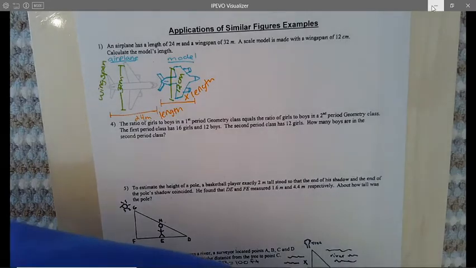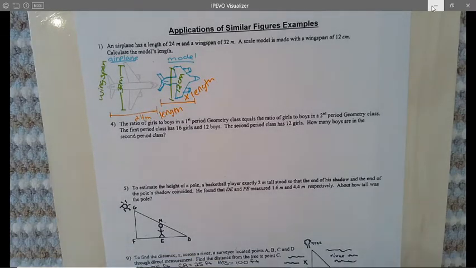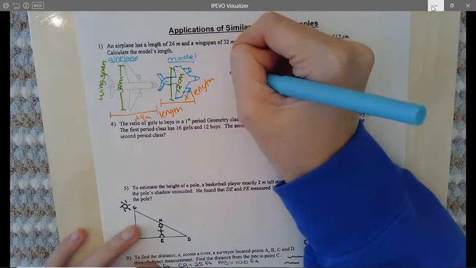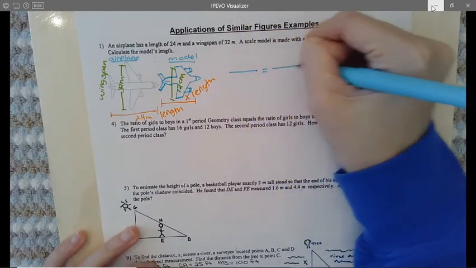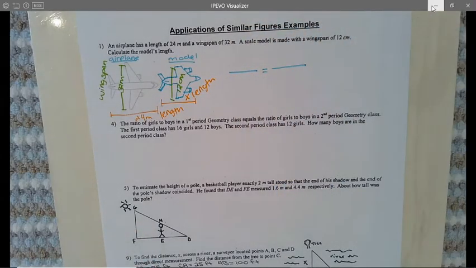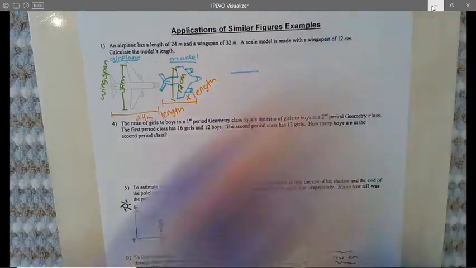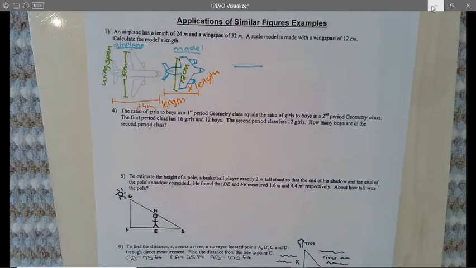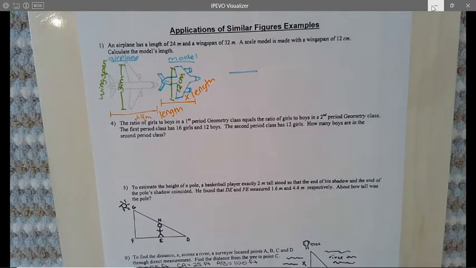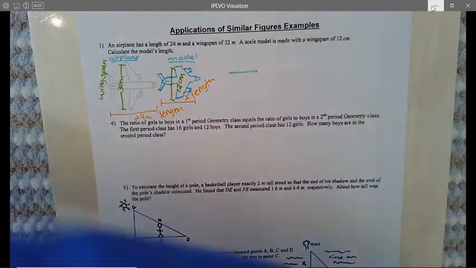It doesn't matter which one you set up first. I'm going to do the length over the wingspan.